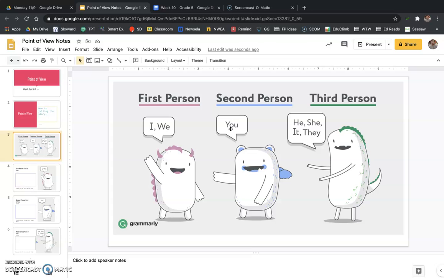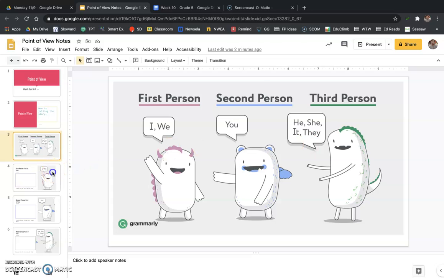We'll talk more about second person on Wednesday, but second person is when you are telling somebody about them being in the story, so you're saying you. Third person is pretty simple, very similar to first person, except the author is outside of the story. They're just telling what's going on in the story. They're not in it. The narrator is saying he, she, it, they are going to the movies. They are going to go see Spider-Man.